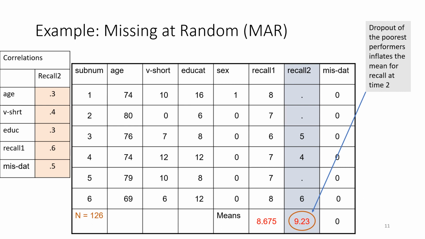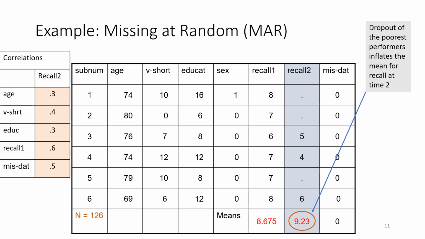We've removed the people who would have performed most poorly because they theoretically refuse to participate. And so now our sample size is reduced. It's now 126.